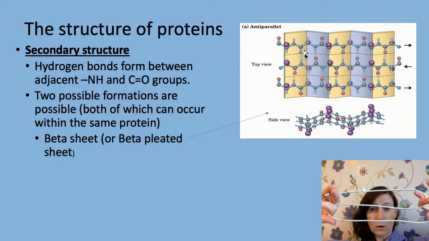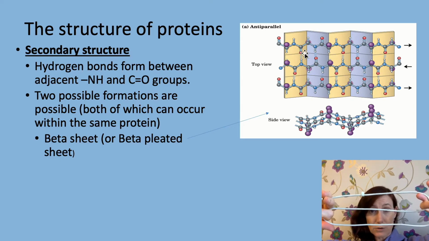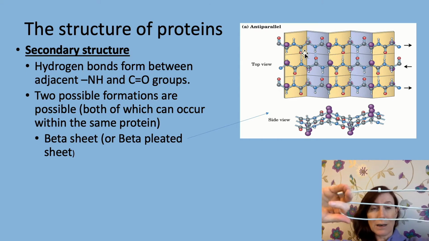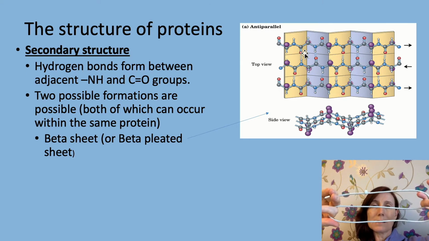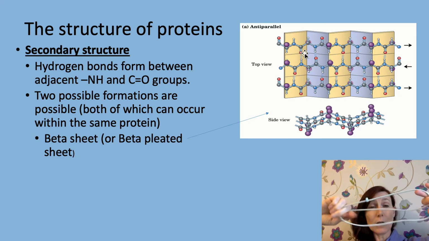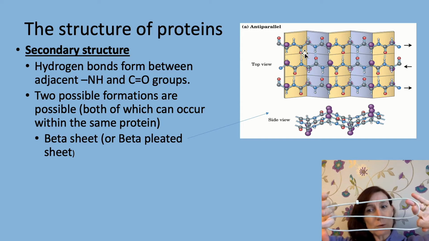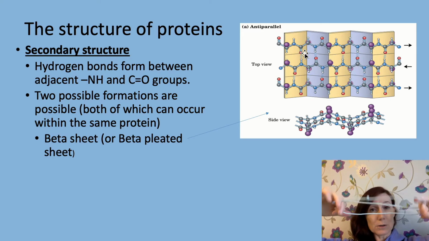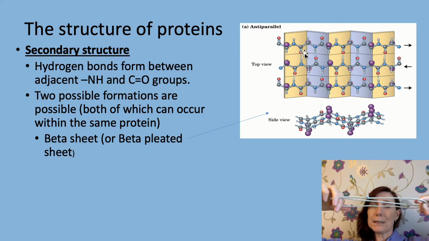Then we've got the strands running parallel or anti-parallel to one another, and we get interactions between this strand and this strand. We get hydrogen bonding between here, which holds them together in this folded structure. And because of the zigzags, which obviously I don't have on my wire, we get what we call a beta pleated sheet.